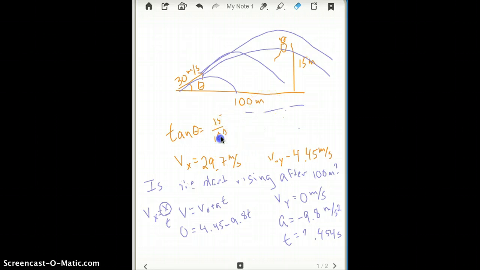So we probably are going to need to think about what angle we're shooting at. And I would say pick an angle above 45 degrees or right at 45 degrees might be a good way to start this problem. And then go back to my original question, which would be, at that angle, when the dart has traveled 100 meters, is it still rising or falling?